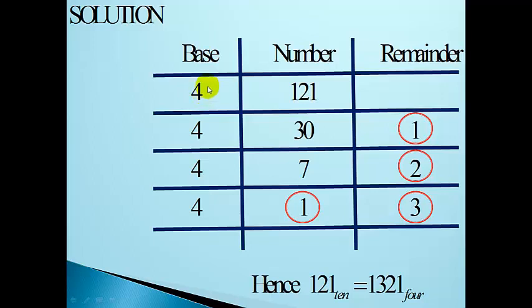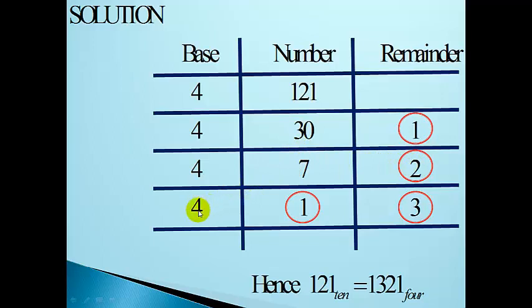Starting from 4, that is our base, 121 divided by 4 will give us 30, remainder 1, because 30 times 4 is equal to 120, and the difference between 120 and 121 is 1. 30 divided by 4 is equal to 7. The remainder is 2. Why? Because 7 times 4 is equal to 28, and the difference between 28 and 30 is 2.